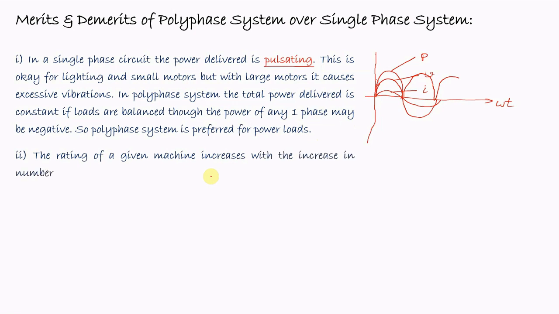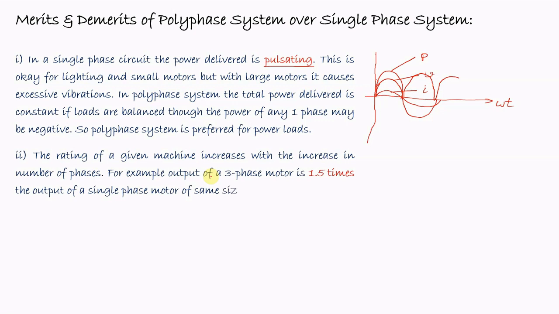The next advantage is the rating of a given machine increases with the increase in the number of phases. For example, the output of a three-phase motor is 1.5 times the output of a single-phase motor of same size. Let's say we have two different motors.